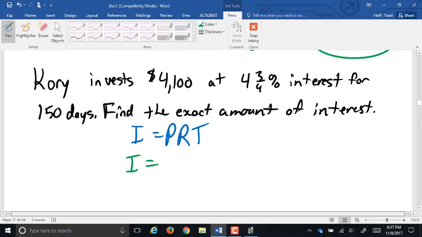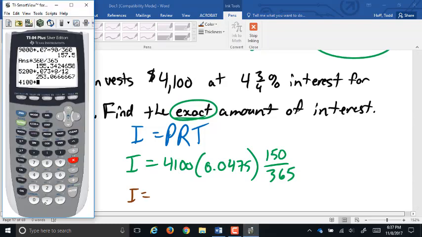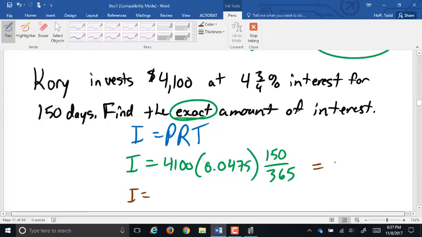So I equals, perfect, 4,100 is our principal. Our rate is 0.0475. 150 days. Why is it over 365? Says the word exact. So we multiply that out, 4,100 times 0.0475 times 150 divided by 365. $80.03.